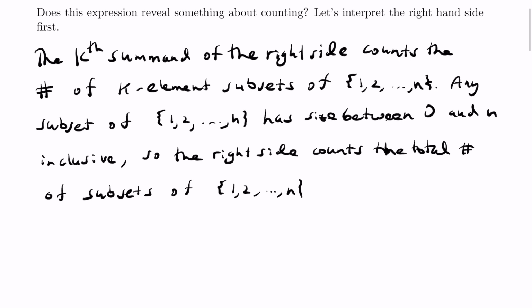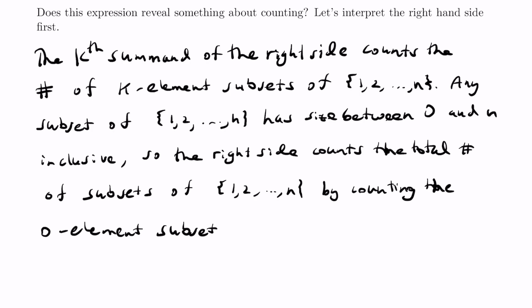And it does so by counting the 0 element subsets, 1 element subsets, etc., up to the n element subsets.